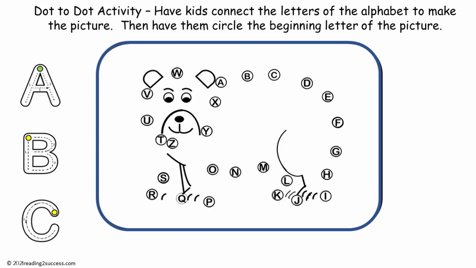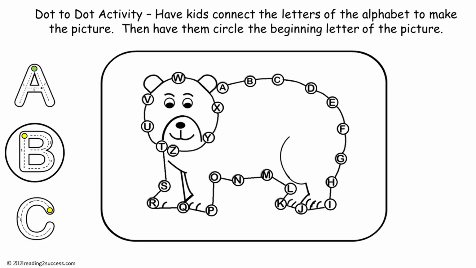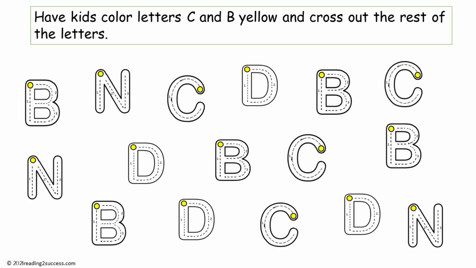This is the practice page for kids to complete, connecting the dots. Now the picture of a bear is complete, and kids have circled the letter B because bear begins with B, and now they are ready to color it.